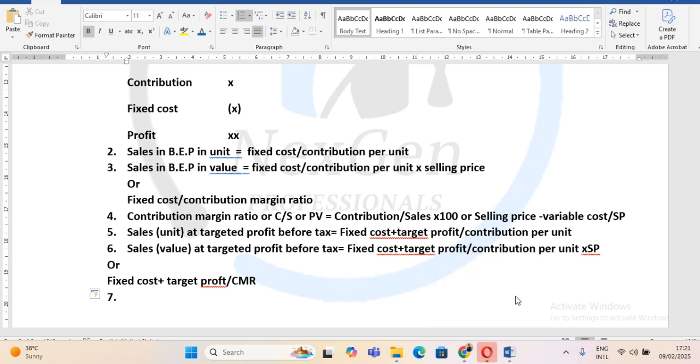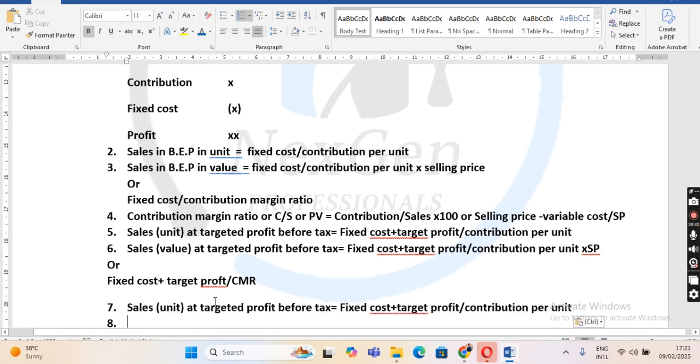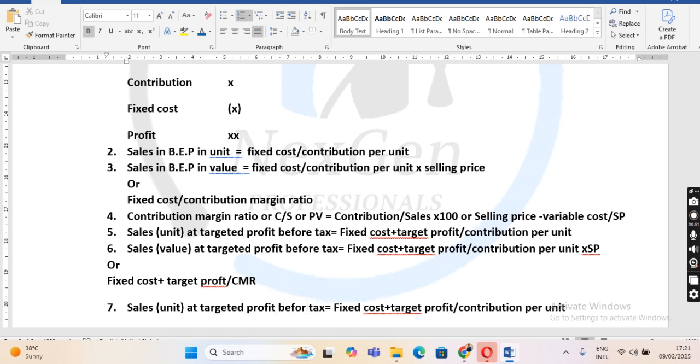Okay. Now, the next thing we need to look at is sales. We have talked about sales in units before tax. Then we now talk about after tax. So we can now have sales in units at targeted profits, not before tax again. It is after tax.